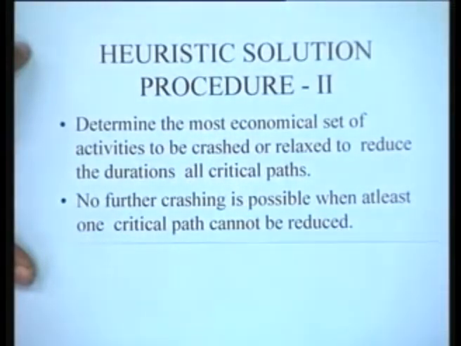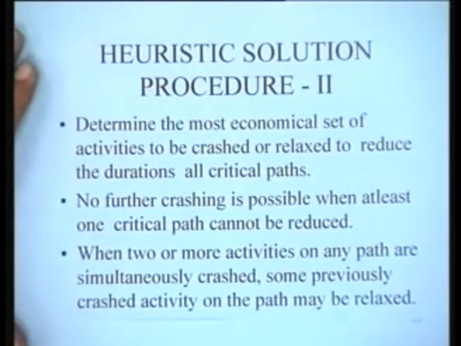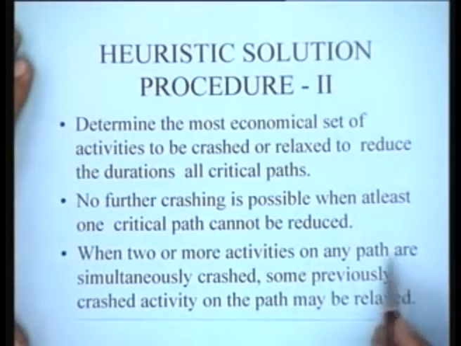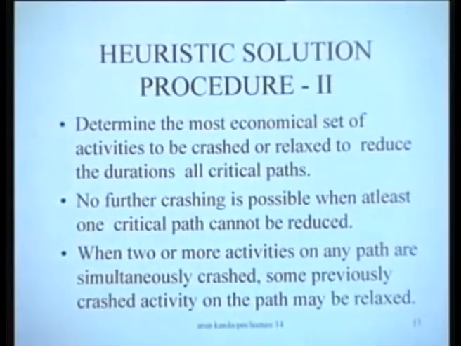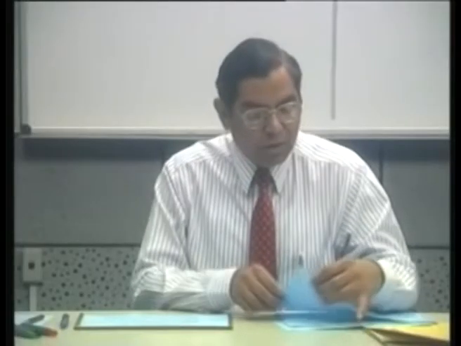So that would be our termination criterion. And when two or more activities on any path are simultaneously crashed, some previously crashed activity on the path may be relaxed. That is another feature that we have seen. So let us try to use these intuitive concepts in solving a problem.